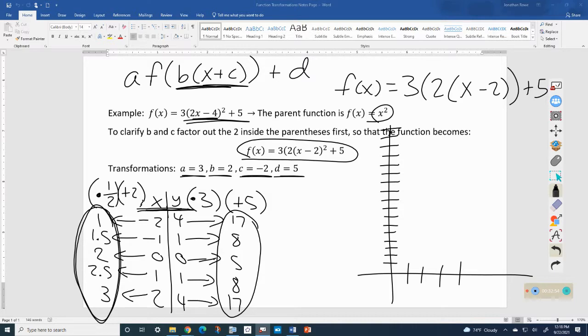But I've got (1, 17), (1.5, 8), (2, 5), (2.5, 8), and (3, 17). Something along those lines.